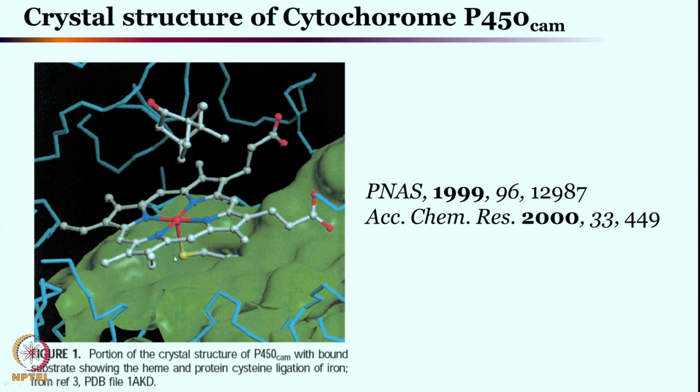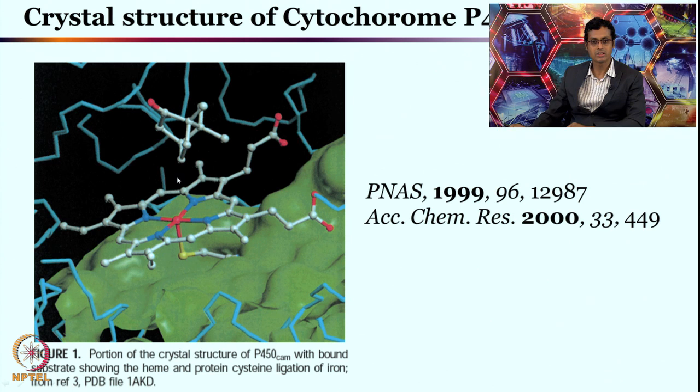As you have seen, when histidine is there in case of hemoglobin and myoglobin, this iron center with histidine is capable of reversibly binding oxygen and delivering that oxygen towards the center where it is necessary.